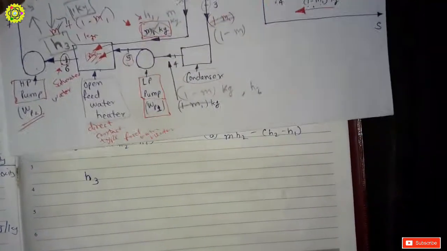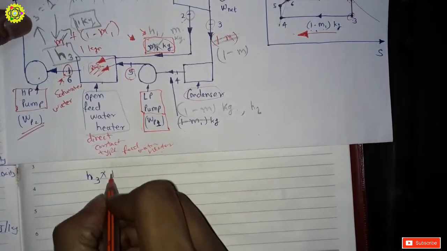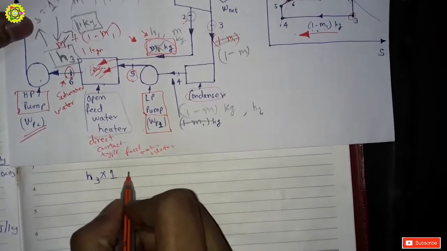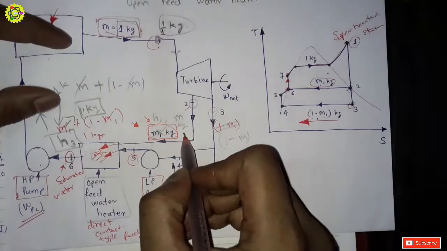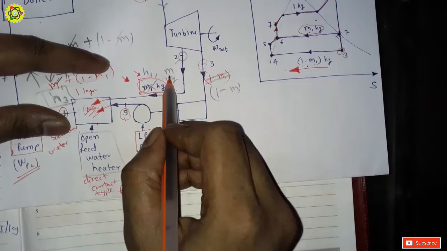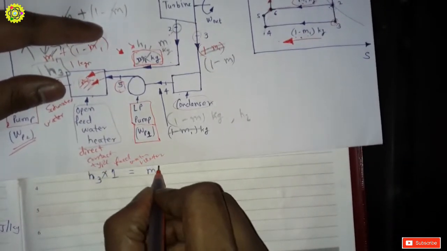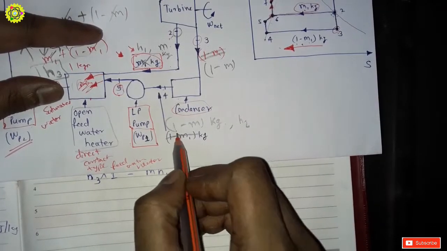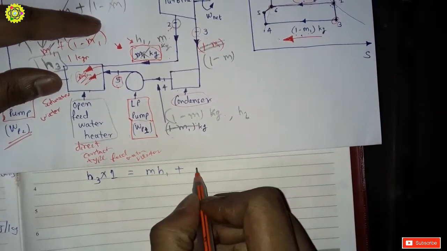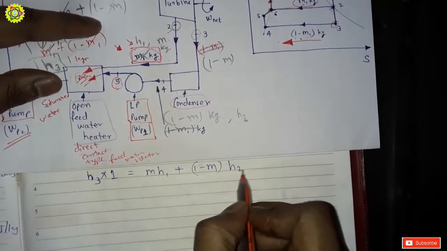So H3 into 1 is equal to m into H1 plus (1 minus m) into H2.